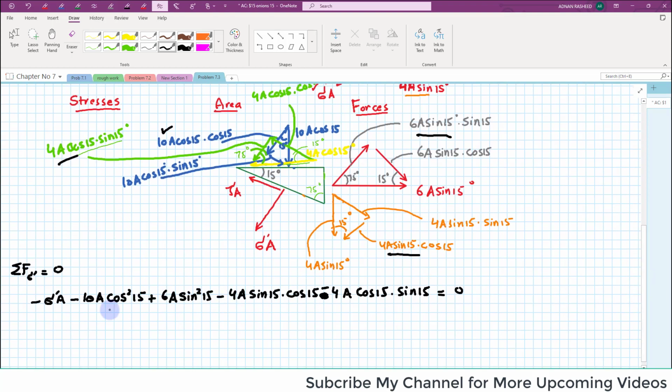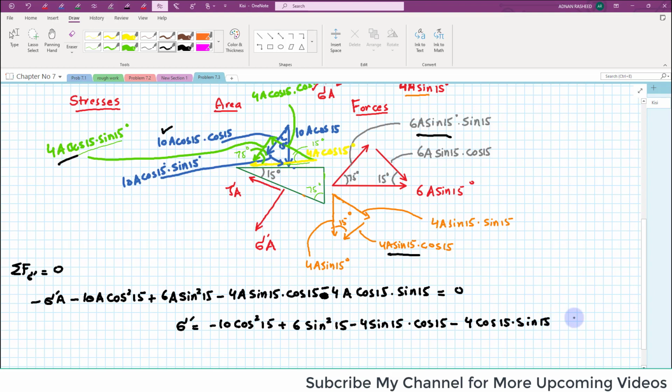Okay, so when you have a common factor in all terms, A, if you divide by A on both sides, you will get sigma dash equal to minus 10 cos square 15 plus 6 sine square 15 minus 4 sine of 15 into cos of 15 minus 4 cos of 15 into sine of 15.